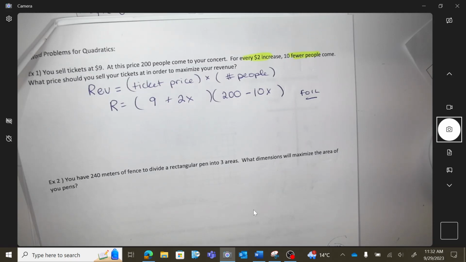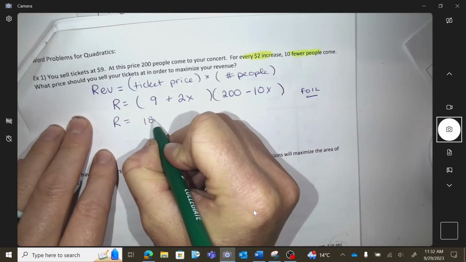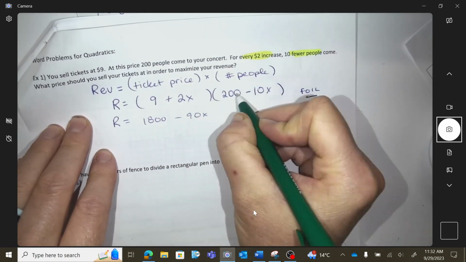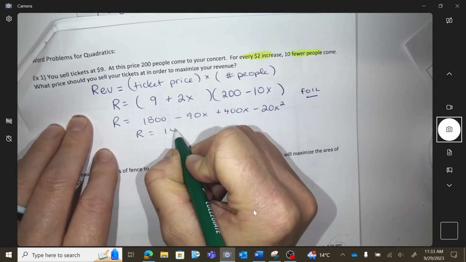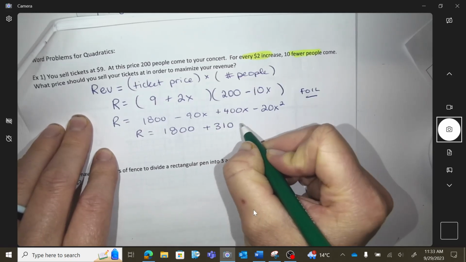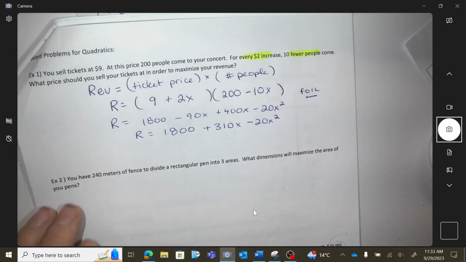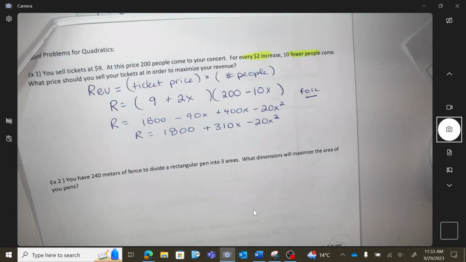Okay, so give me the foiled out version of this. Okay, so there's our equation.